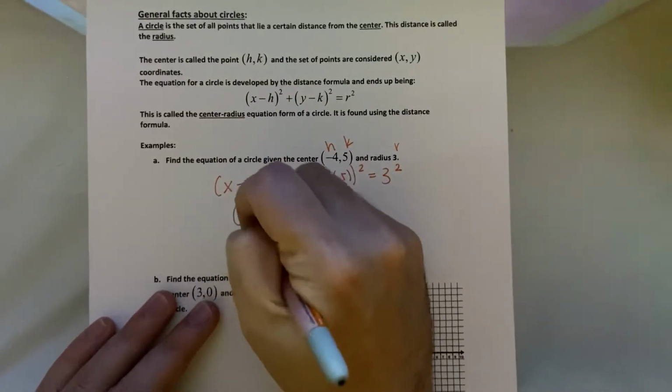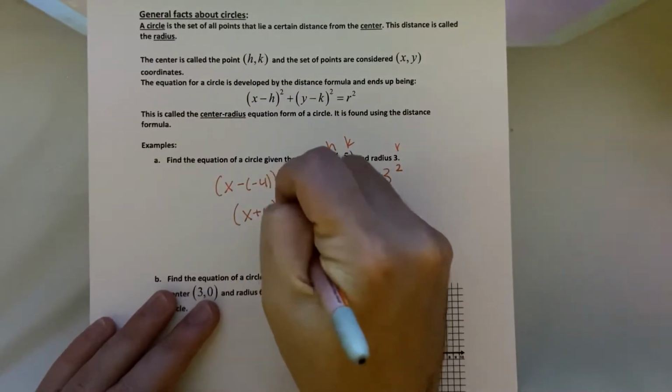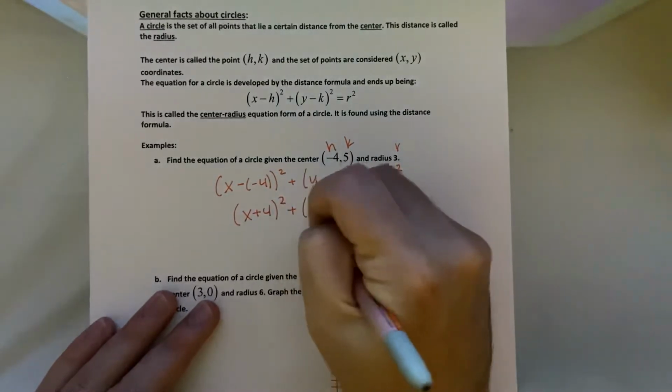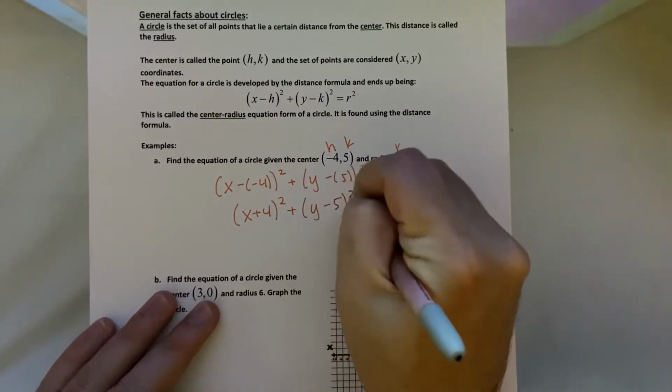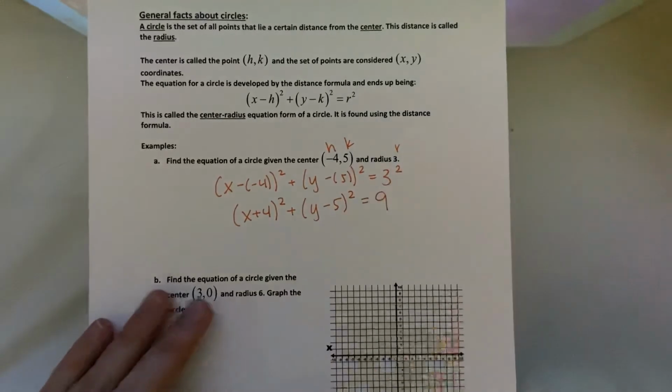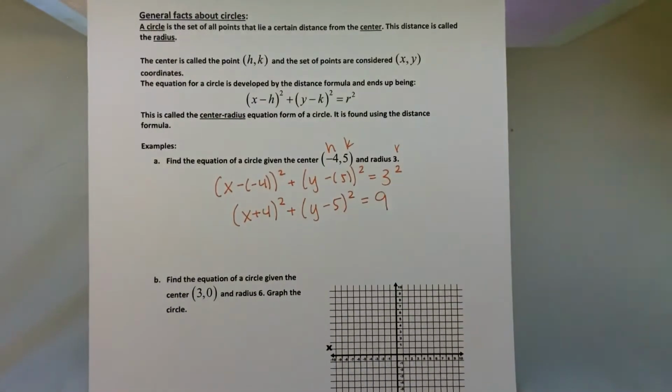Now to clean that up, minus -4 is really plus. (x + 4)² + (y - 5)² = 9, since 3 squared is 9. So you have the center and the radius. Finding this equation of the circle is really easy. You just plug in the values to where they go in the equation. It represents the shifts.